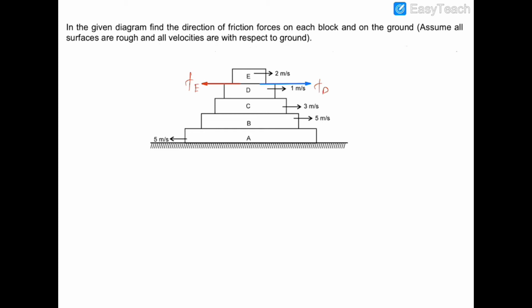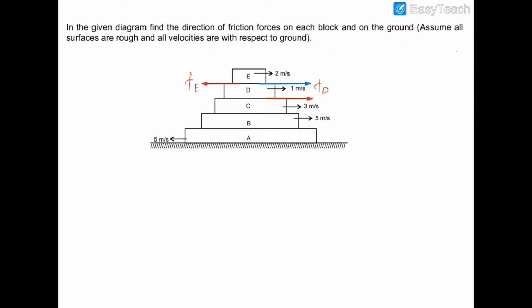Now this D is moving with respect to C in backside, I mean to say in left hand direction. So the friction acting on this block D due to C will be in forward direction.